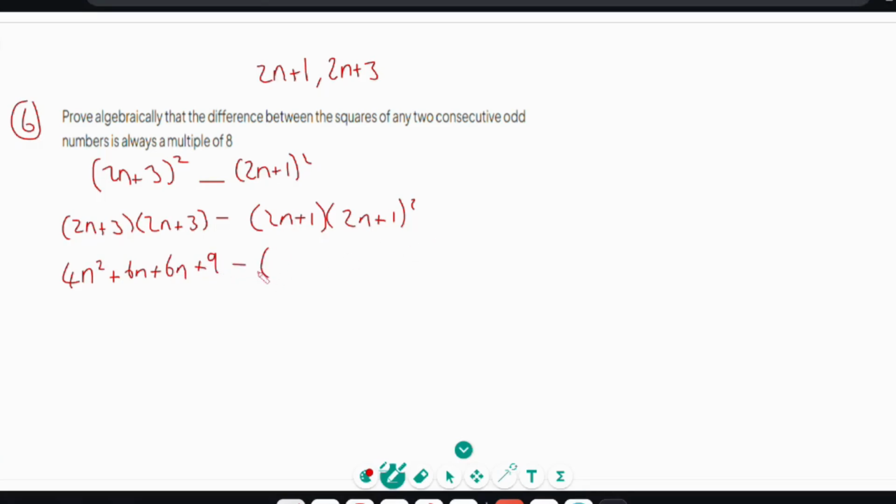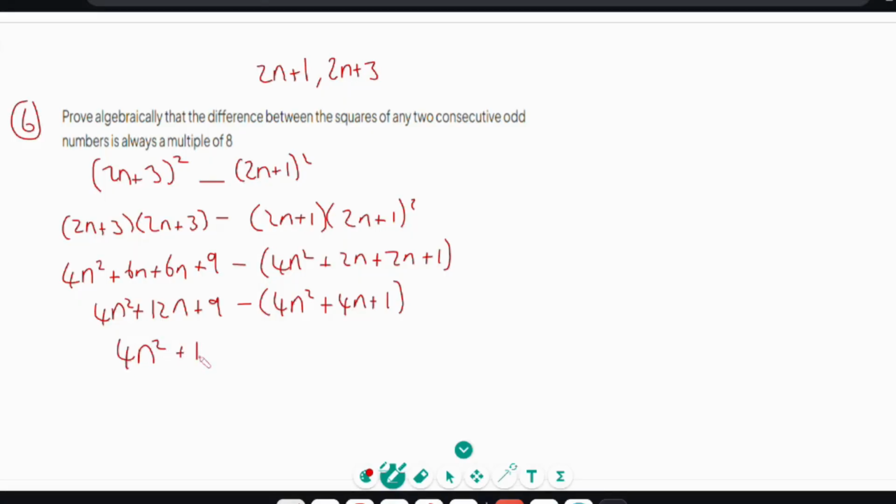I'm going to leave this in a bracket because there's minus outside. We simplify. Simplify. No, I'm going to expand this bracket to get rid of this negative outside it.